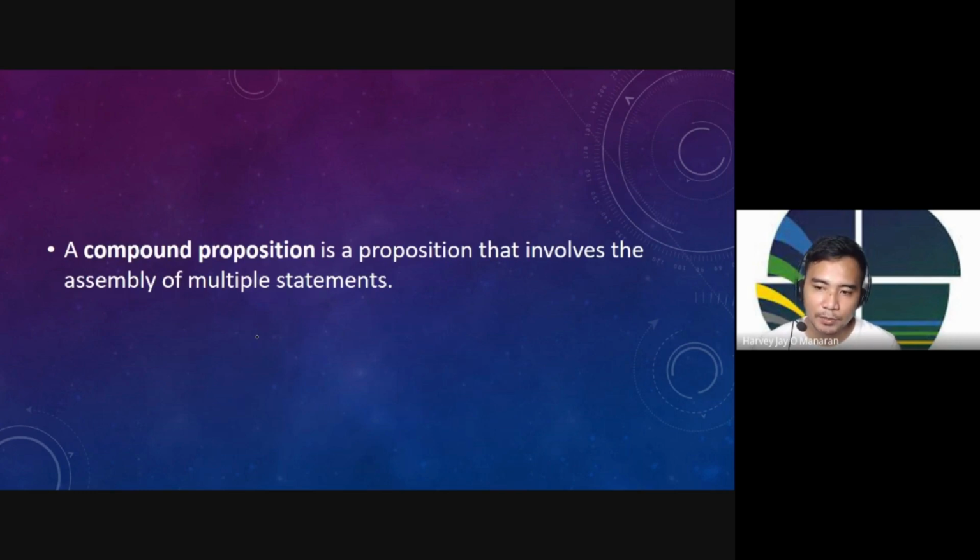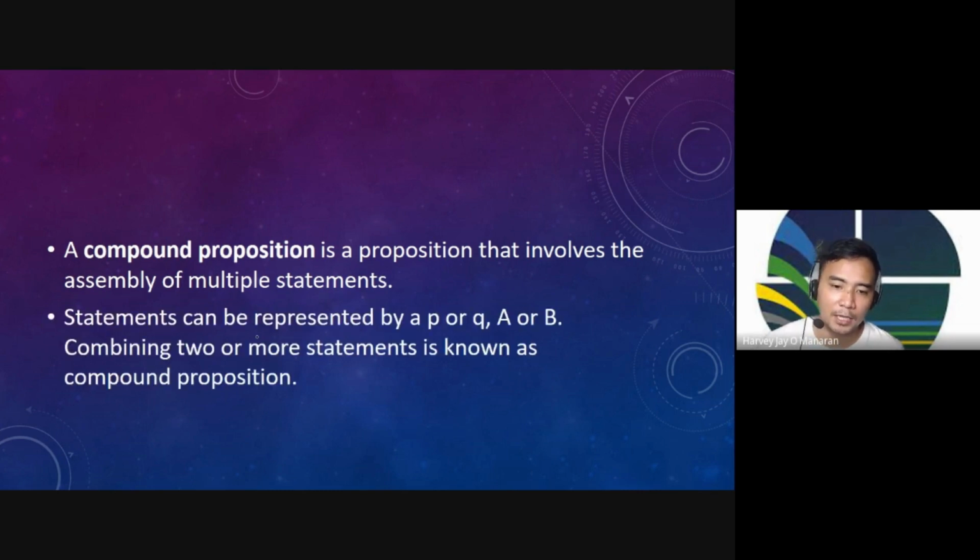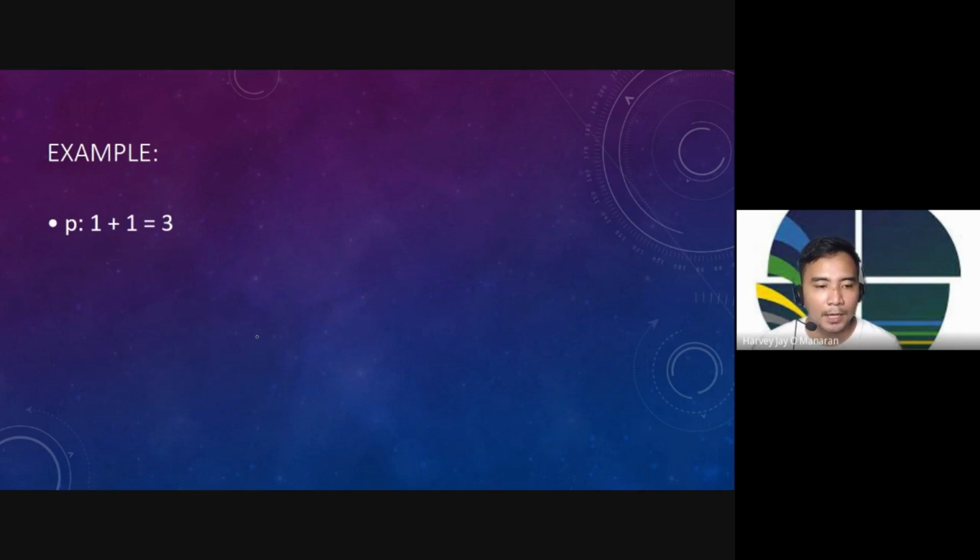It is a proposition that involves the assembly of multiple statements. Statements can be represented by P or Q or A or B. Combining two or more statements is known as a compound proposition. For example, we have P: 1 plus 1 is equal to 3, and the second one Q: 3 plus 2 is an odd number.